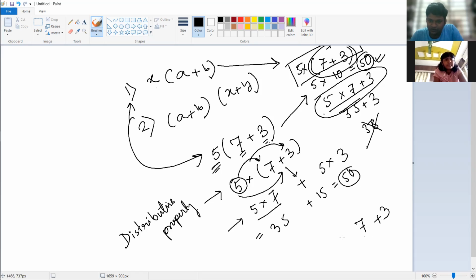So everybody took one tea and one biscuit, so it should be 5 into (7 + 3) in bracket, because these 5 will affect the 7 and the 3, both of them, right? Now, if you calculate, it will be 50 because 7 plus 3 is 10 and 5 into 10 is 50.